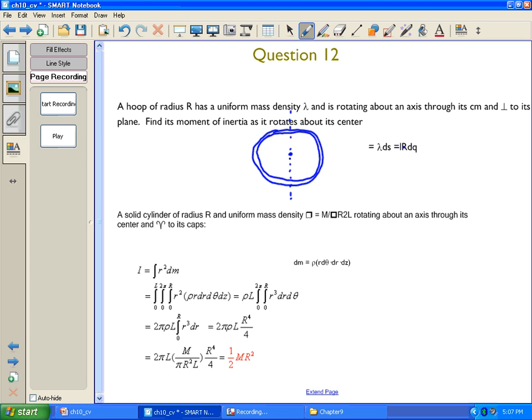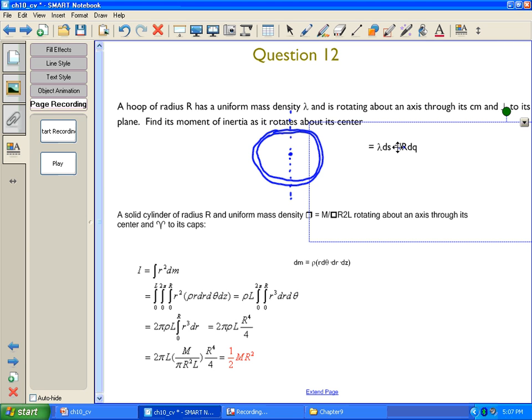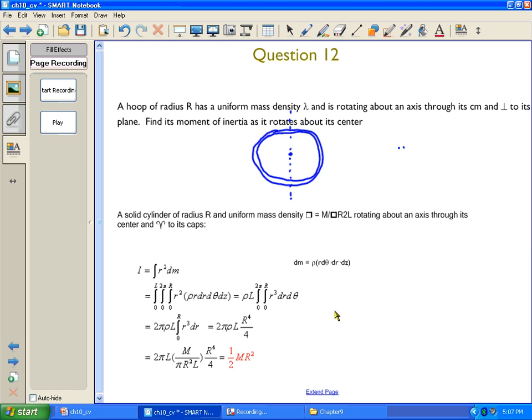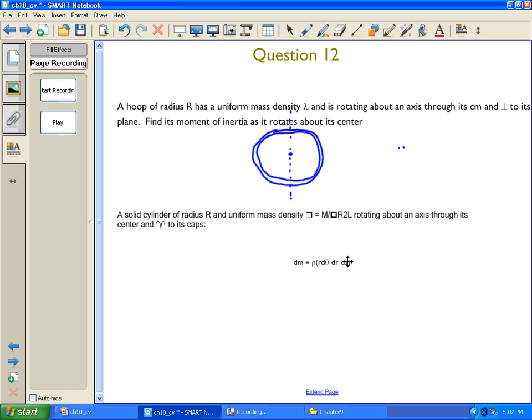Let me see if I can just get rid of this right here for now, because it's more of a hindrance than a help. Let's delete this, and let's delete that because I won't be doing that. That is a three-dimensional integral, but I will do the two-dimensional integral, and that's all I'll hold you accountable for. So the first thing we want to do is to set it up where we have an actual element of mass, a little dm.